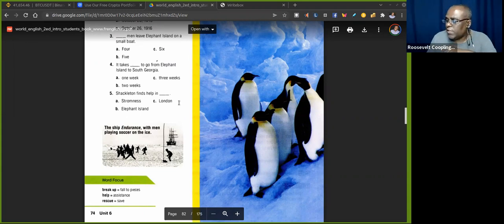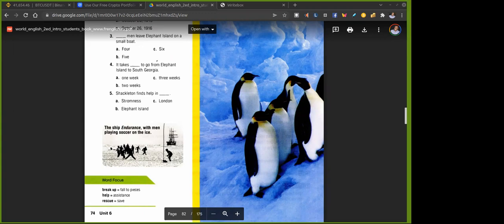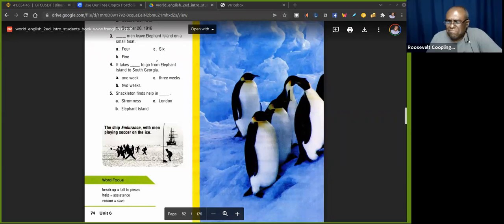Take a look at this situation. What about the small picture, black and white? What do you see? The man's playing soccer in the ice. Yeah, on the ice. Summer?